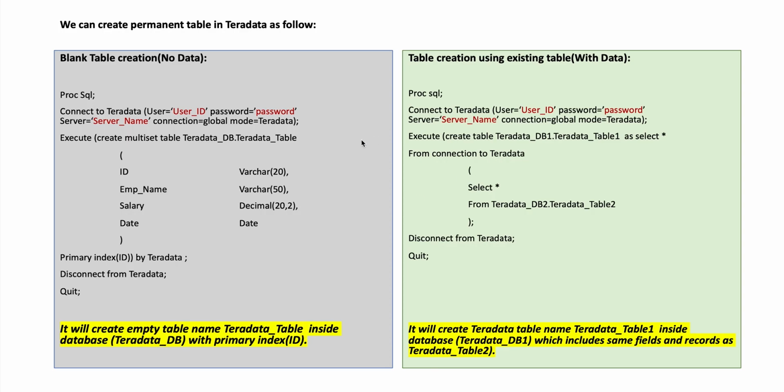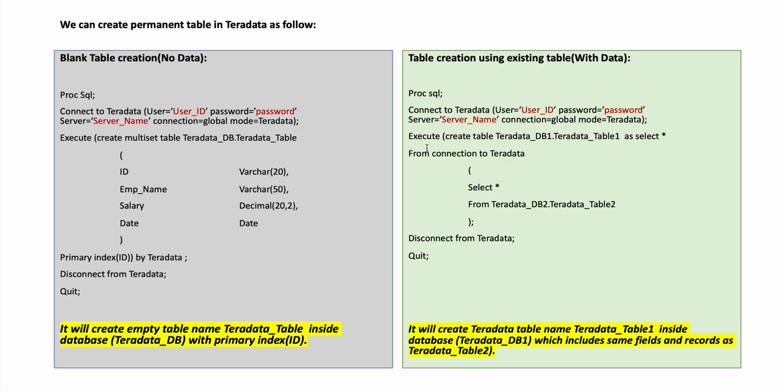Let me explain the second one, table creation using an existing table. That means with data. Again, we use the proc sql pass-through method, proc sql connect to Teradata. Inside parentheses, we provide user ID, password, server name, connection is global, and mode is Teradata.